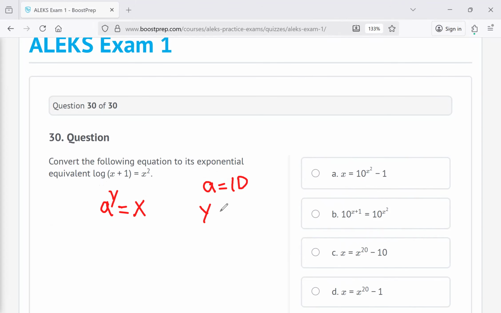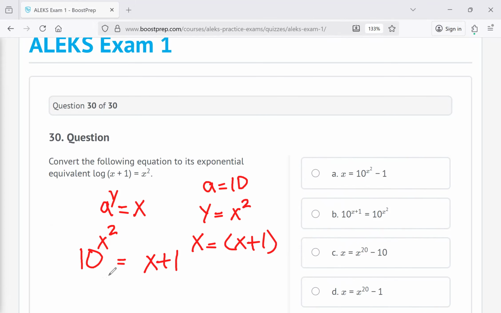What is my y? My y is always on the right or left side of the equal sign, so my y is going to be x squared. And what is my x? It's always in parentheses, so it's going to be x plus 1. Okay, so a to the y equals x, so it's 10 to the y, which is x squared, and then my x is x plus 1.